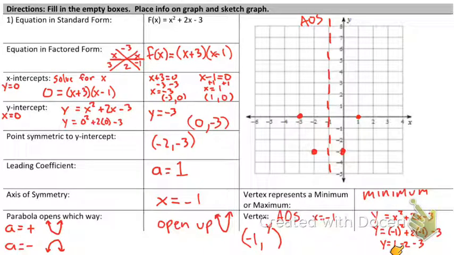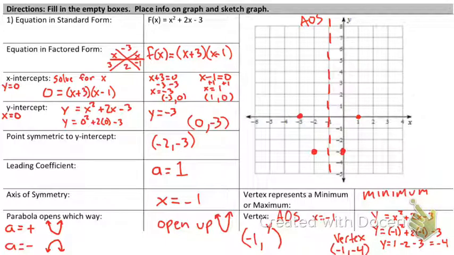One minus 2, that's negative 1. Negative 1 minus 3, that's going to give me negative 4. So my vertex is negative 1 for x and negative 4 for y.